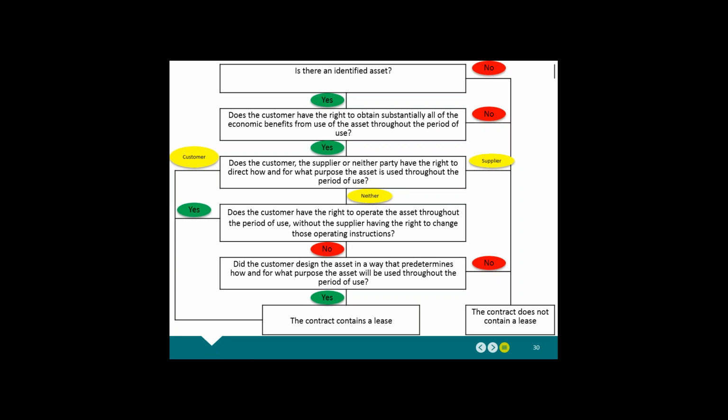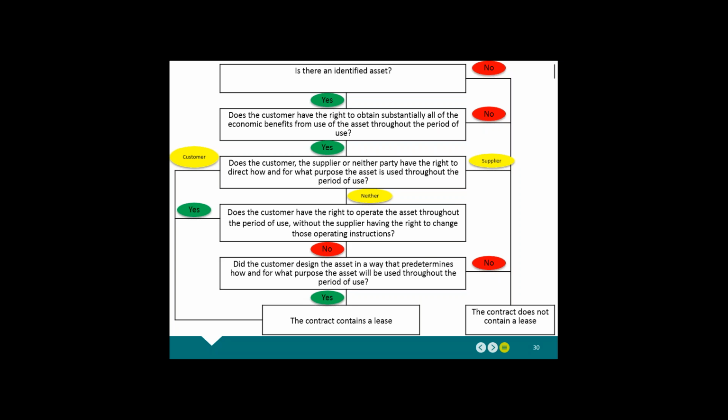So there's a specific asset, the customer is getting substantially all the economic benefits and they can decide how they use the asset. Happy? Then we've got a lease. If the supplier can determine how and for what purpose the asset is used, then it's not a lease because the supplier is still in control. If it's neither, you have to go to another question.